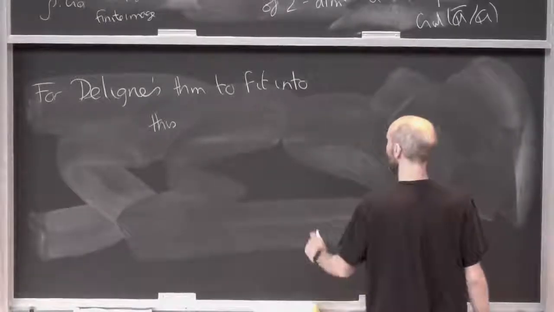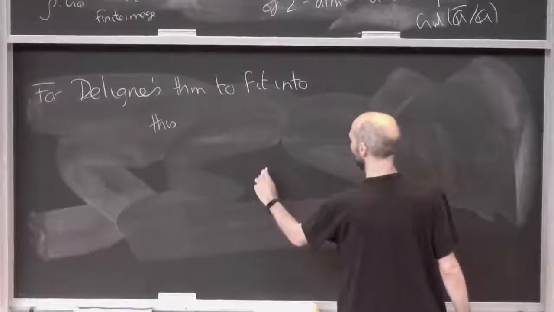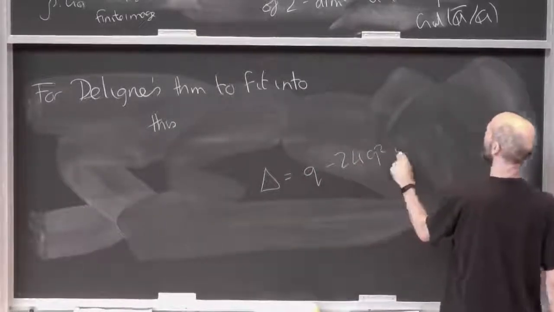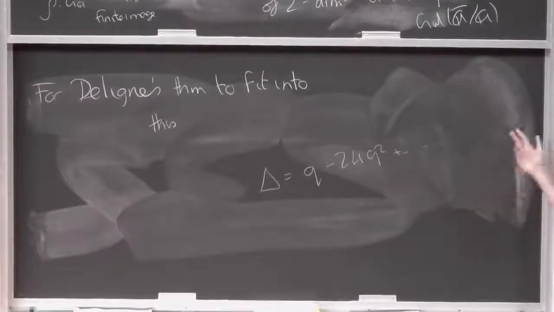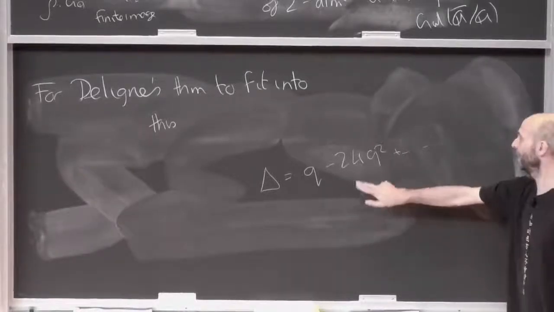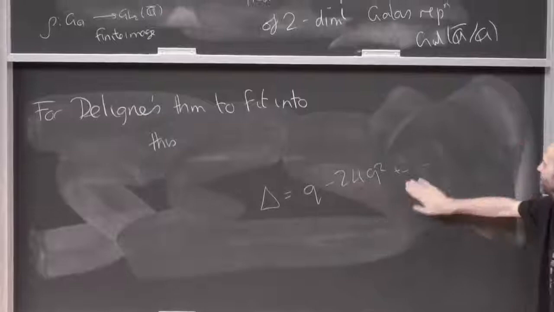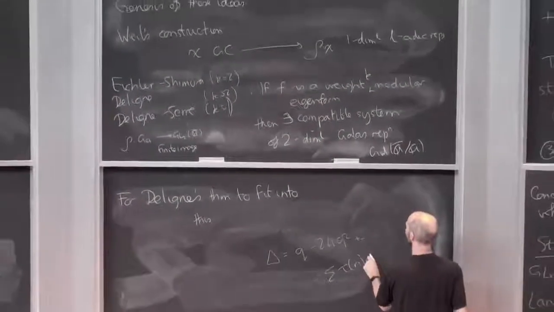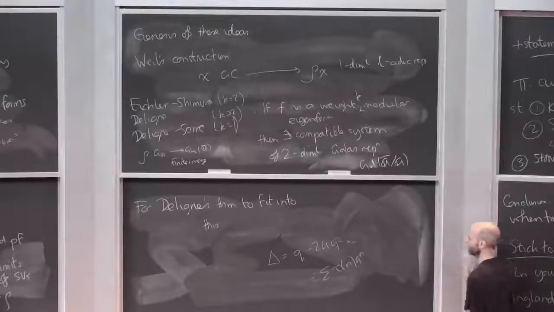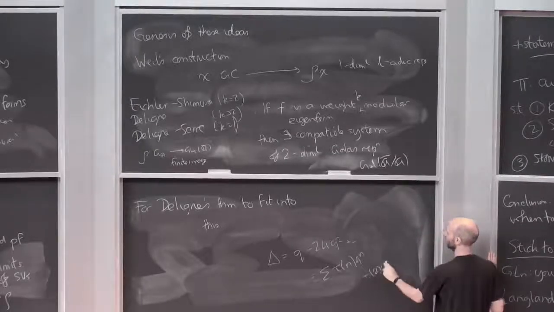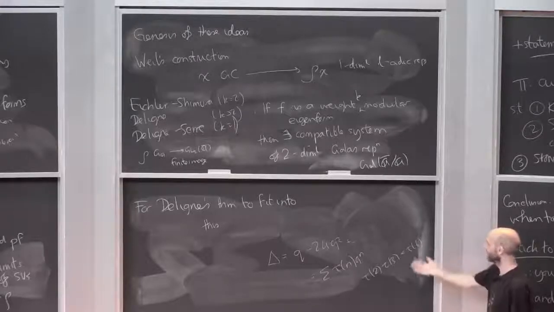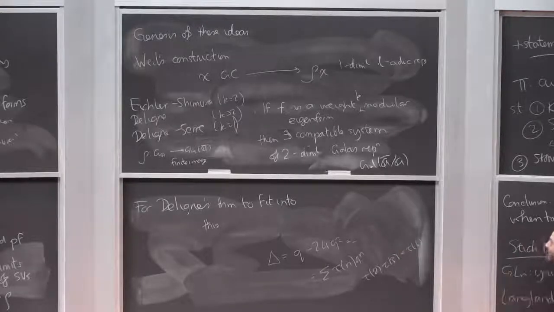That's where you see a genius, right? q minus 24q squared plus ... This is the sum of tau of n q to the n. Ramanujan looked at that and was like, whoa, no way, tau of 2 times tau of 3 is tau of 6. Like, what the hell? No holomorphic function should have that property.